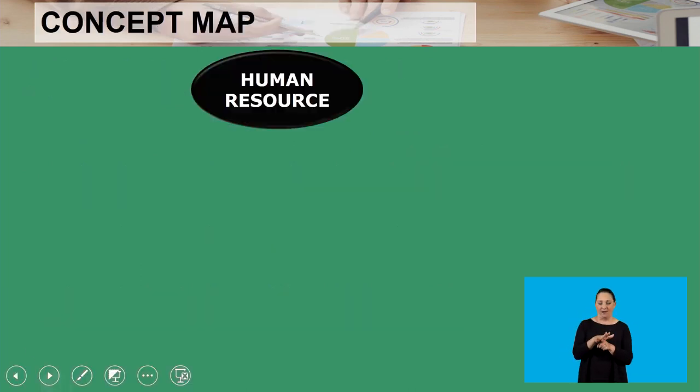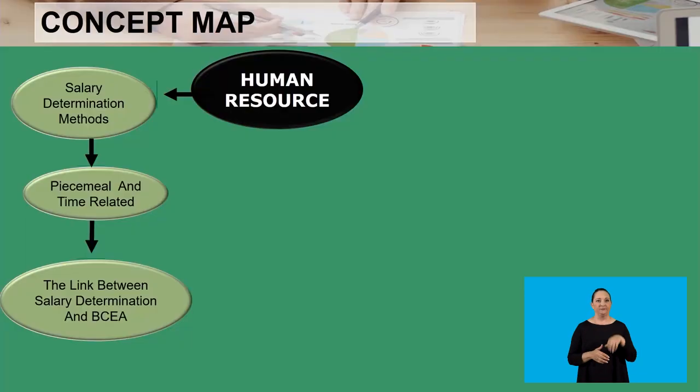Right, as you know, we have our concept map, the journey that we have to go through on the topic human resources function. These are the things we'll be looking at. We'll be looking at the salary determination methods: the piecemeal and time-related methods, and the link between salary determination and the BCEA.